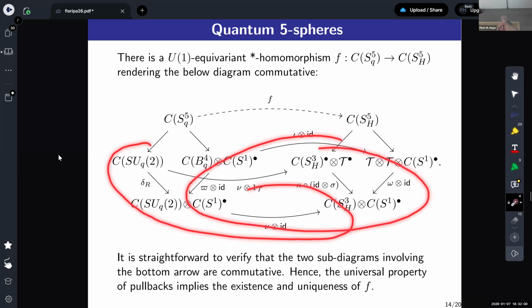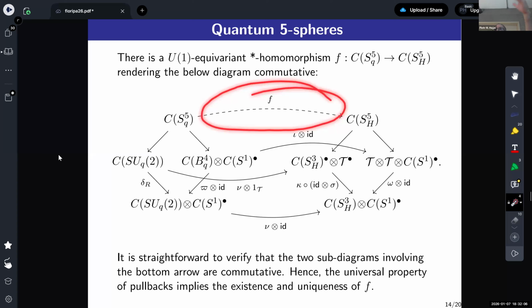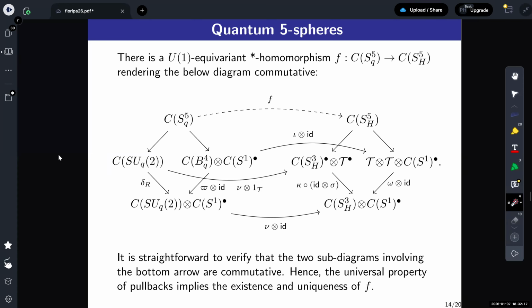Then by the universality of the pullback construction, everything else is commutative. And in particular, you have a unique map F, which connects these two pullback algebras, okay, by the universality of a pullback construction. So it exists, and that is all that you check. This is why I need the formula.